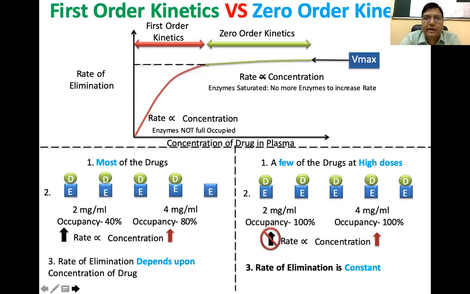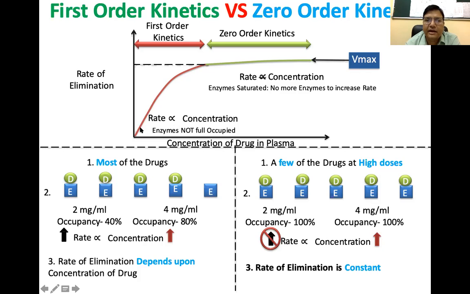So coming to another concept, that is first order kinetics and zero order kinetics. If we plot a graph of rate of elimination and the concentration, initially the rate of elimination is increasing. As the concentration of the drug increases in the plasma, there are enzymes which metabolize the drug and help in the excretion.